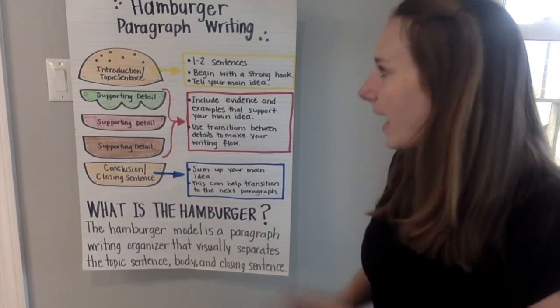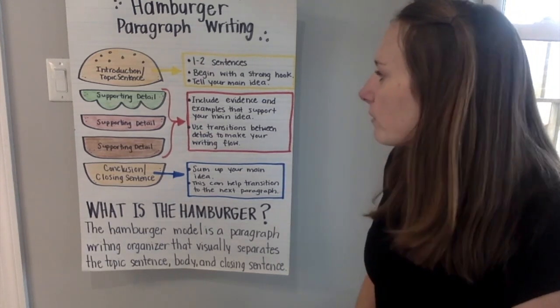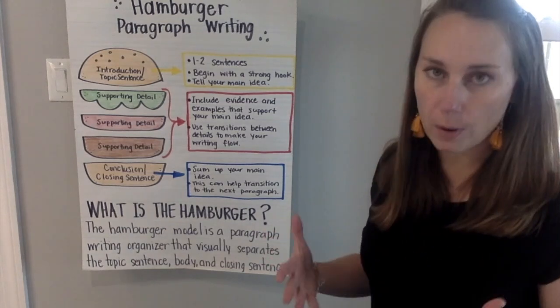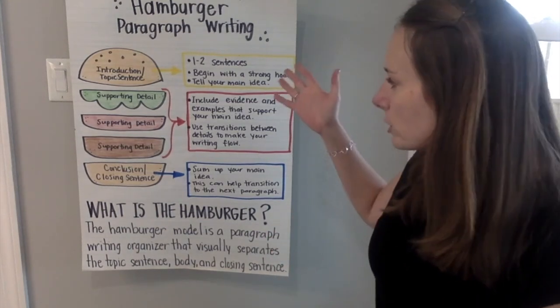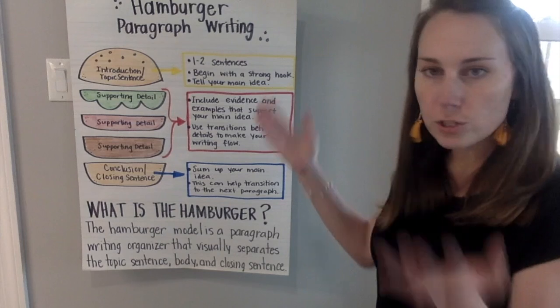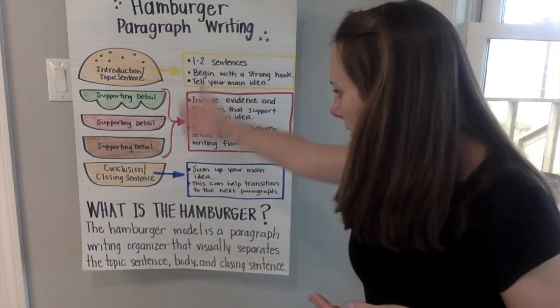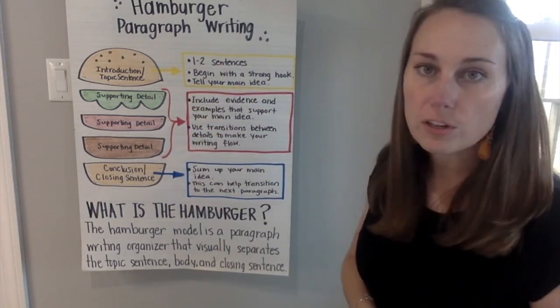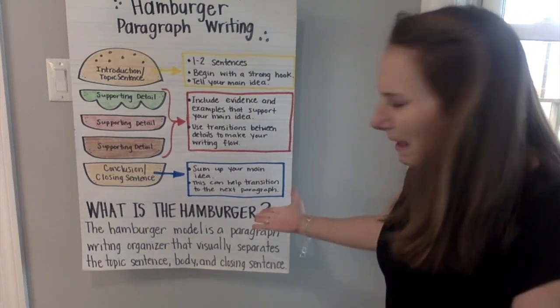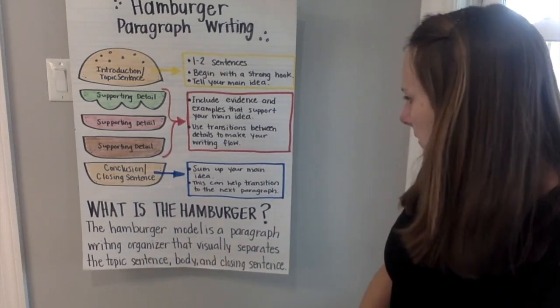So in a Hamburger Paragraph, we've really got three main parts, okay? You've got your introduction or your topic sentence, your supporting details right here in the middle, and then you've got your conclusion or your closing sentence. So what is the Hamburger?